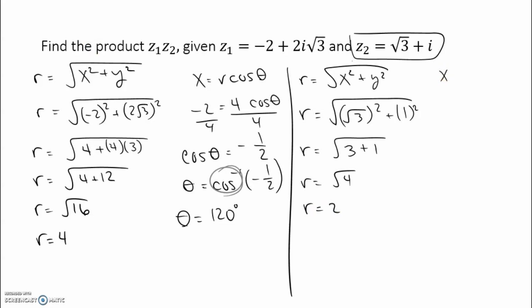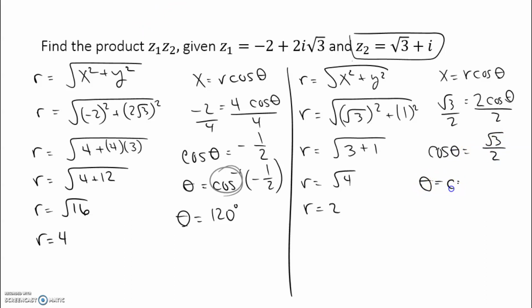And then we'll find x is equal to r cosine theta. Our x here is the square root of 3. Our r is 2 cosine theta. Divide by 2 by both sides. So cosine theta is square root of 3 over 2.